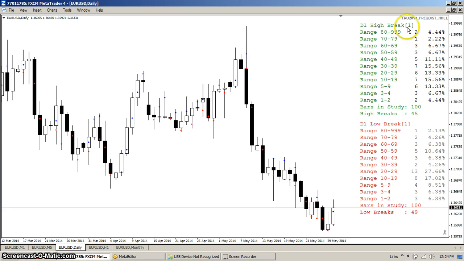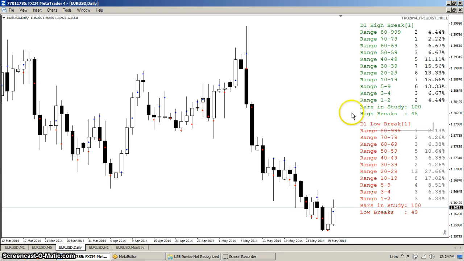In this particular case, with this indicator, you can use the breakout of more than one bar. So you could say the last 2 bars, or the last 3, or last 4. But we just want to look at the previous day, so we've got the break set to 1. And we're going to use 100 bars, the last 100 days' worth of data.